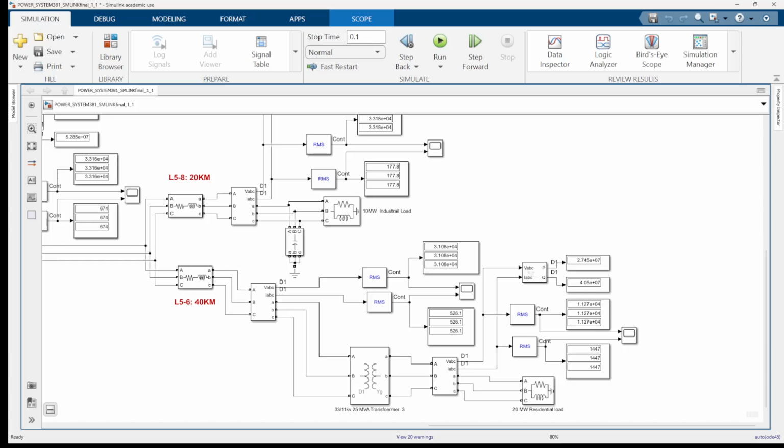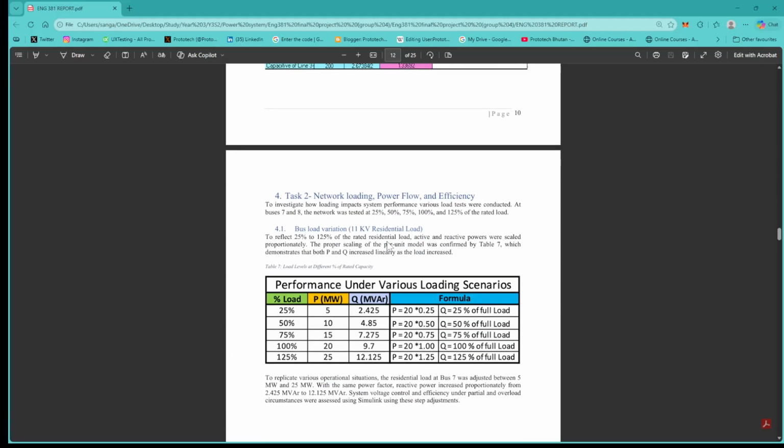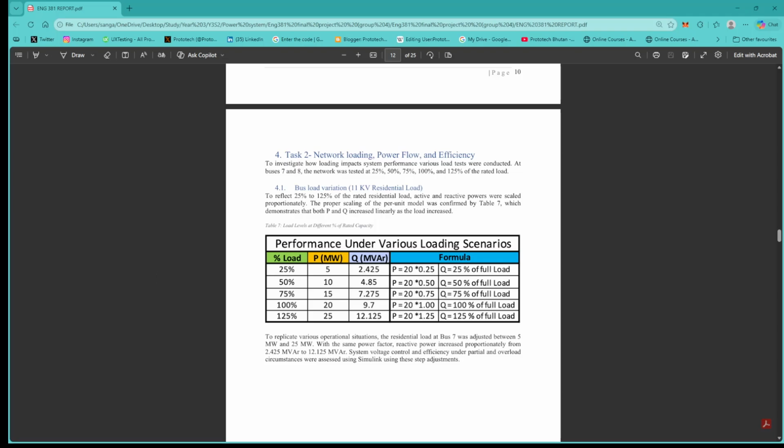To evaluate the system's performance under different operating conditions, load variation studies were conducted at both load buses. The load was stepped up from 25% to 125% of the rated value in steps of 25%.